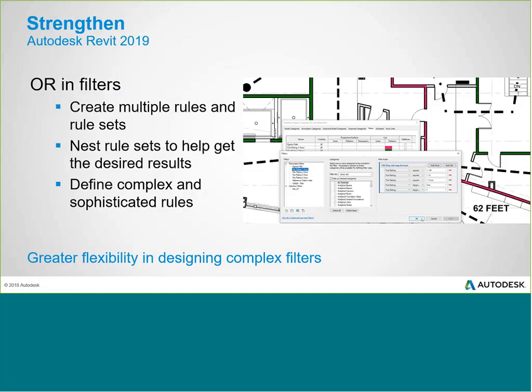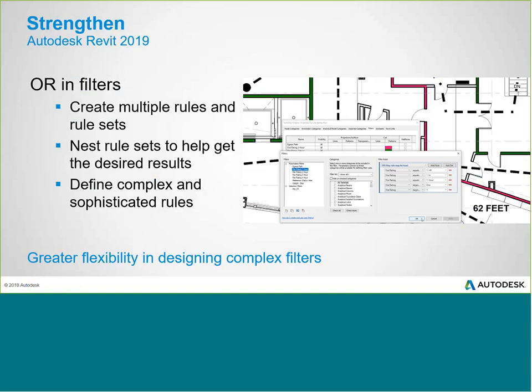One of the first things that they've added in 2019 is the ability to create OR filters for views. So we can create multiple rules and rule sets within our views, and you can even nest some of these conditionals in the same filter. So what's the point of this?